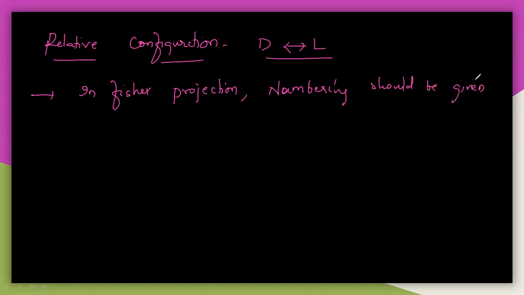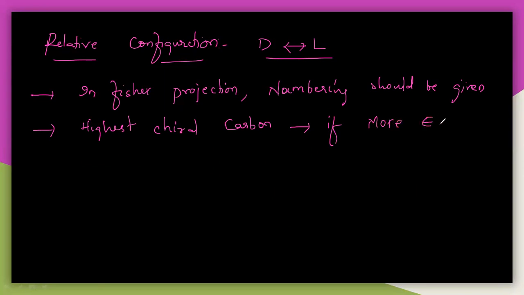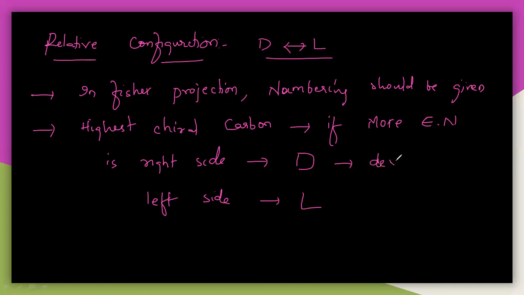Take it only in the Fisher projection. So numbering should be given. After giving the numbering, taking the highest chiral carbon, if the more electronegative group is on the right side, then the symbol will be D. If it is on the left side, then it is L. D is equal to dextro, and L is equal to levo.